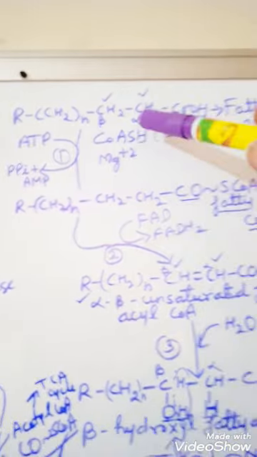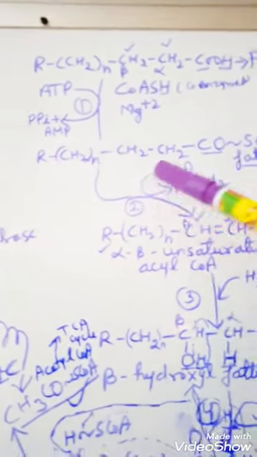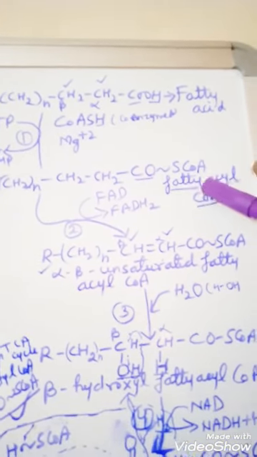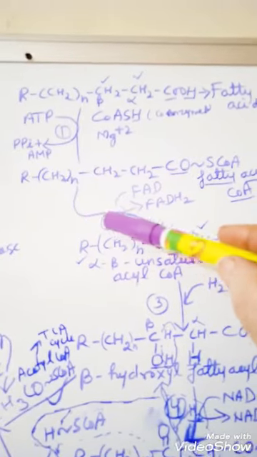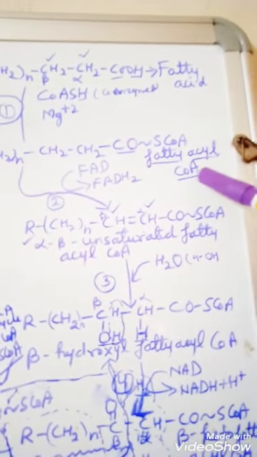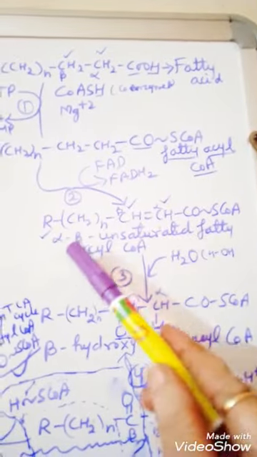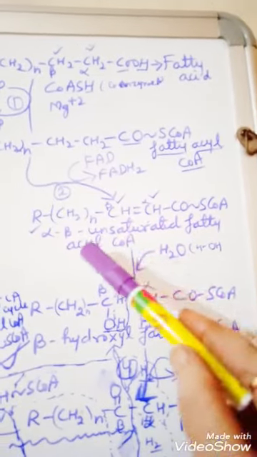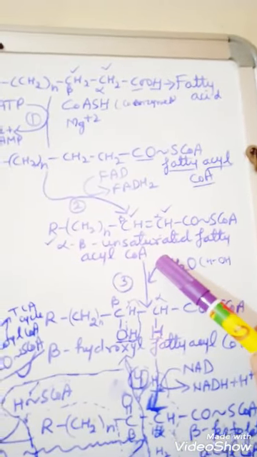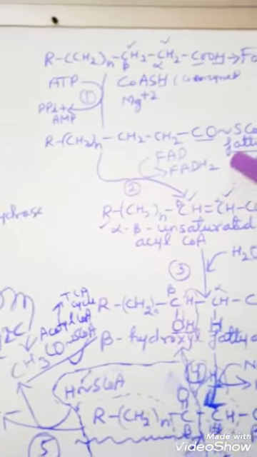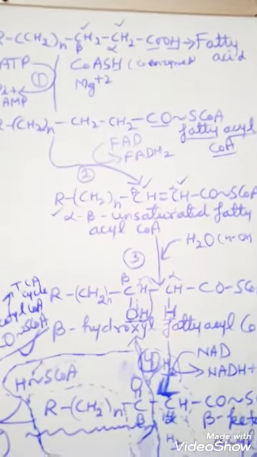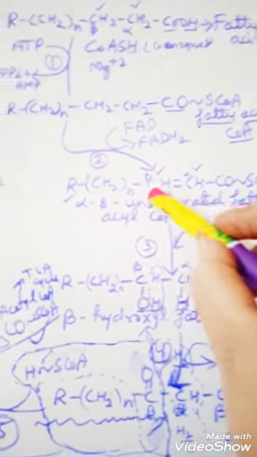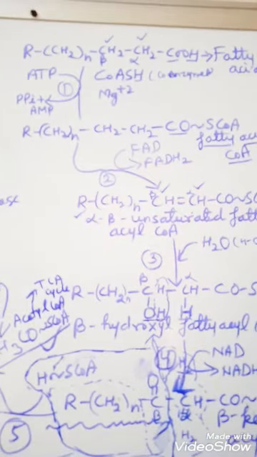After the first step, this fatty acid is converted into fatty acyl coenzyme A derivative, and during the second step this derivative is converted into alpha and beta unsaturated fatty acyl coenzyme A. This step is dehydrogenation.